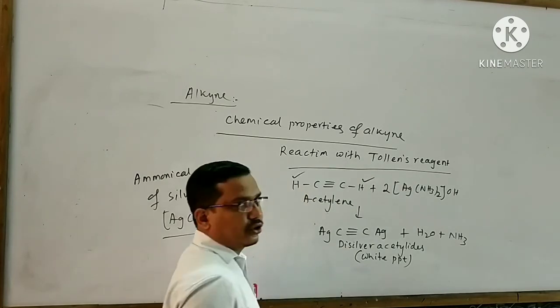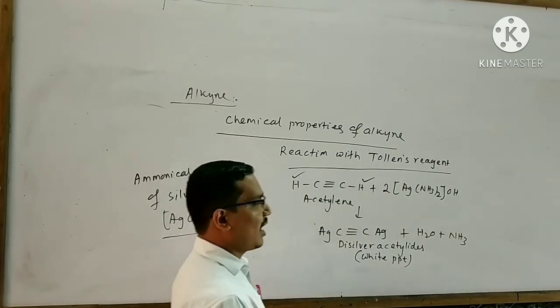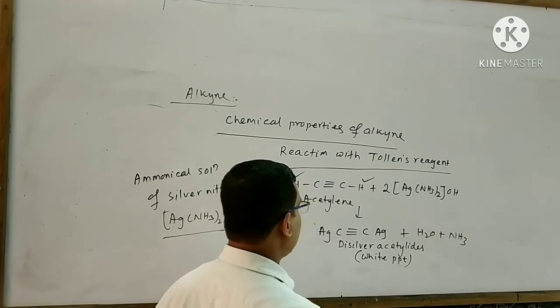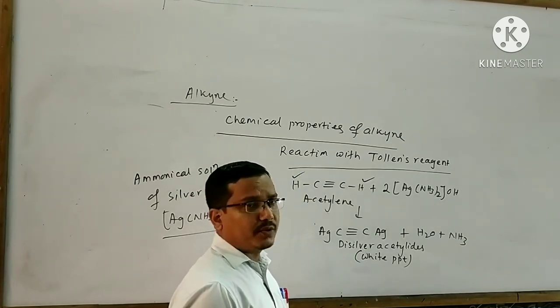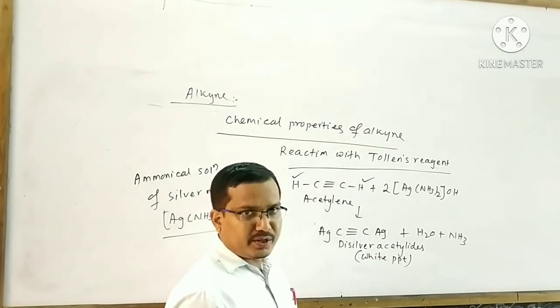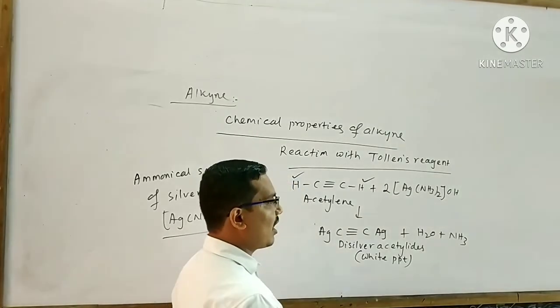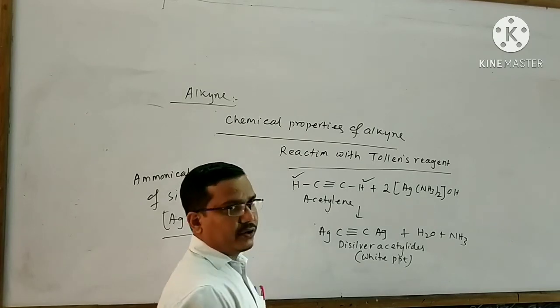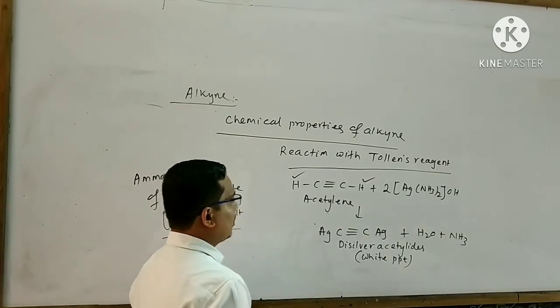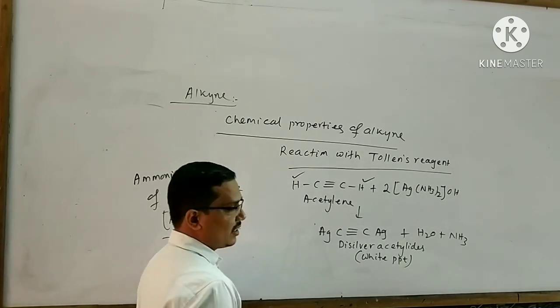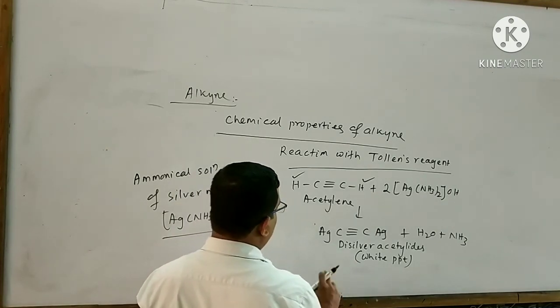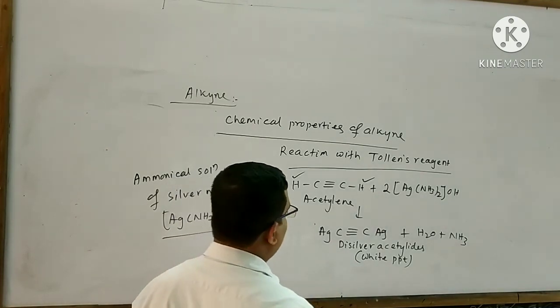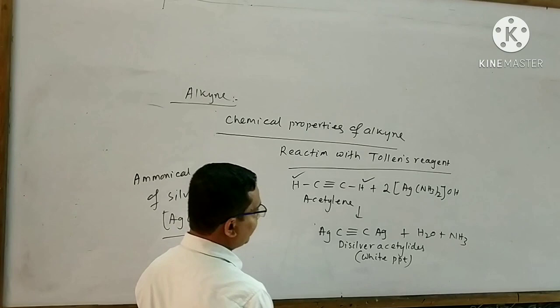This reaction is also used for the distinction between alkane, alkene and alkyne. It is also used for the distinction between terminal alkyne and internal alkyne. Look, in this reaction, hydrogen atoms are removed from acetylene, so acetylene shows acidic character.